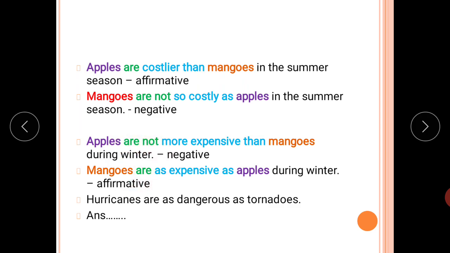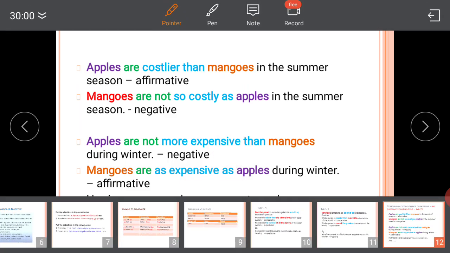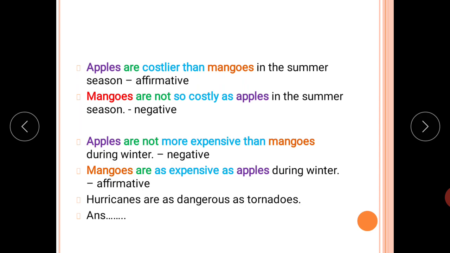Mangoes are. So, only for negative you are going to use so and as. But here it is positive. So, mangoes are as expensive as. Okay, as expensive as. This word apples comes here. So, mangoes are as expensive as apples during winter. We have changed that into affirmative.